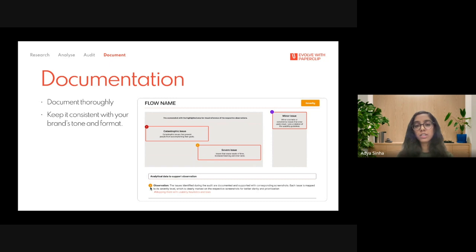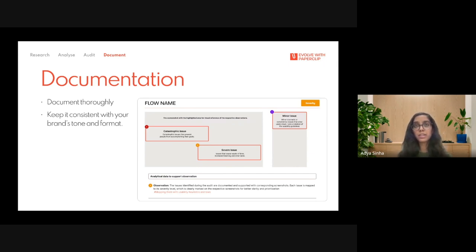Even the numbers that you look over here can at the end help you understand the total number of catastrophic issues, the total number of severe issues or minor issues. And you might be wondering why in all of this we are mapping usability heuristics.